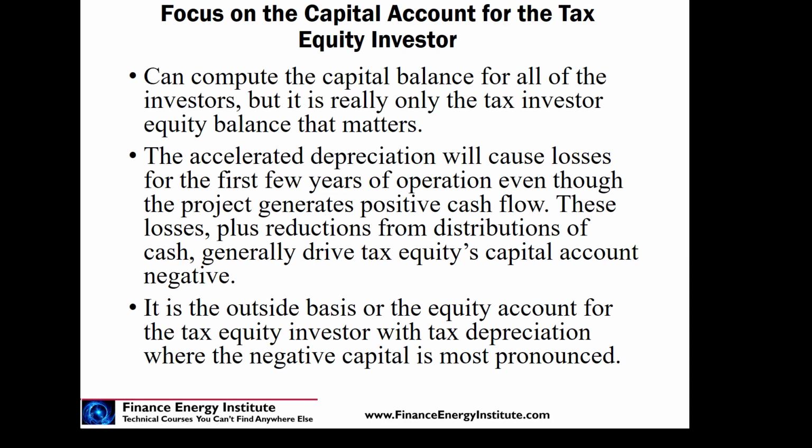Now, I'm going to focus on the capital account, and I'm going to focus on the tax investor, because they're the ones who want the tax benefits, and they're the ones that are at risk of losing it. And here's what happens. When you have a tax depreciation, it causes a big decline really fast, because the income is negative.